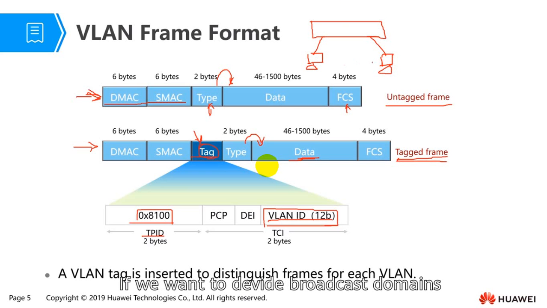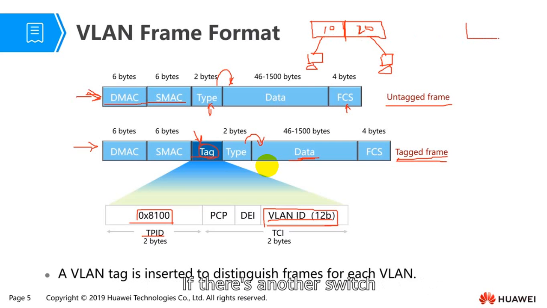If we want to divide the broadcast domains, we can put PC1 and PC2 in different ones, for example broadcast domain 10 and broadcast domain 20. That is VLAN 10 and VLAN 20.